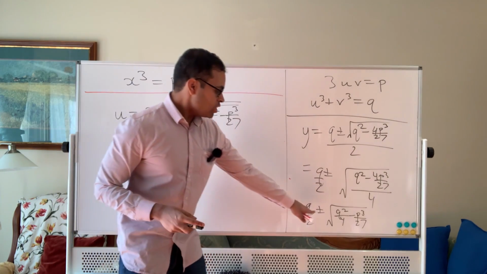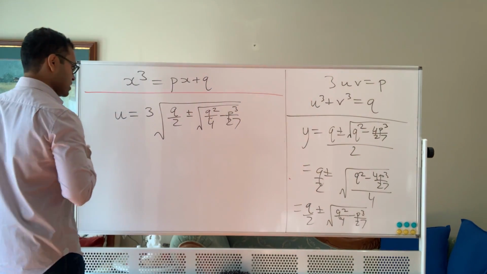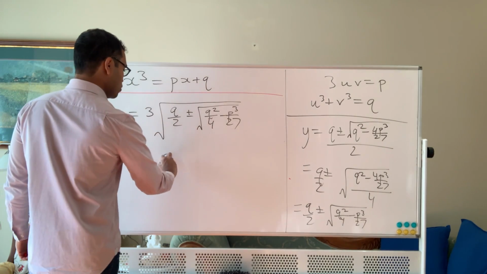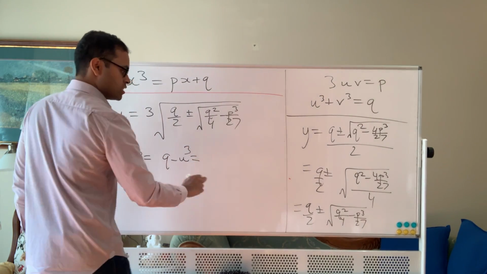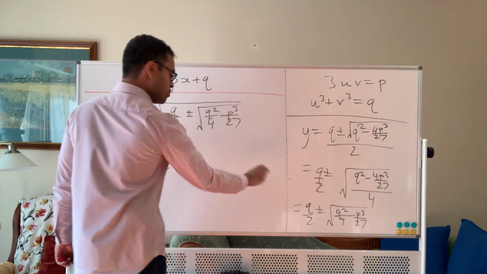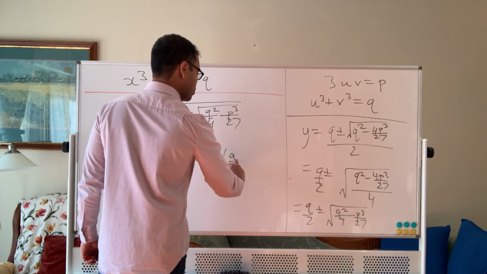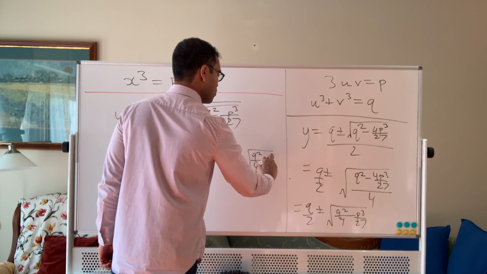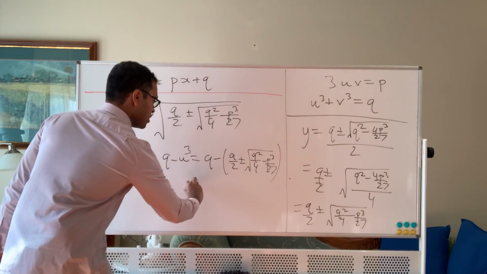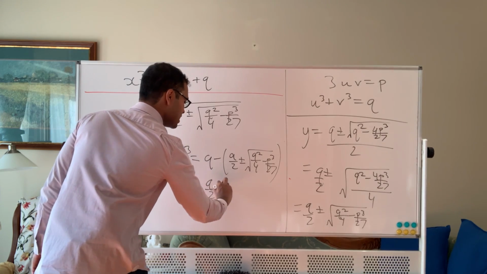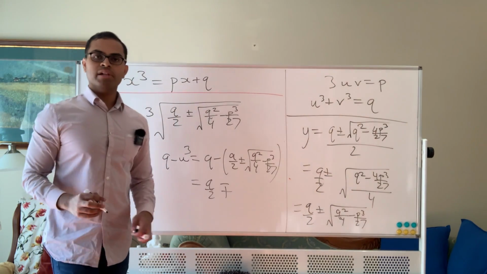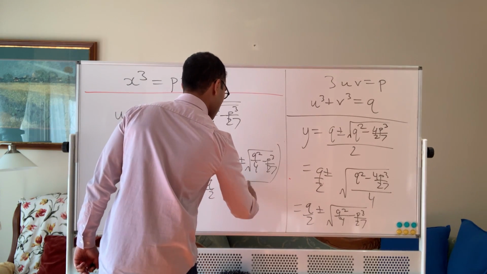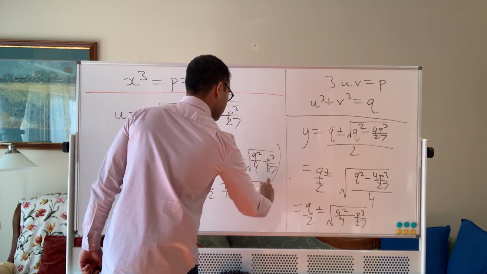So v cubed is going to equal q minus u cubed, which, since u cubed was y, is q minus q over 2 plus or minus the square root of q squared over 4 minus p cubed over 27, which is going to equal q over 2 minus plus. When you take minus of plus or minus, the signs are going to flip. So it's going to be minus plus the square root of q squared over 4 minus p cubed over 27.